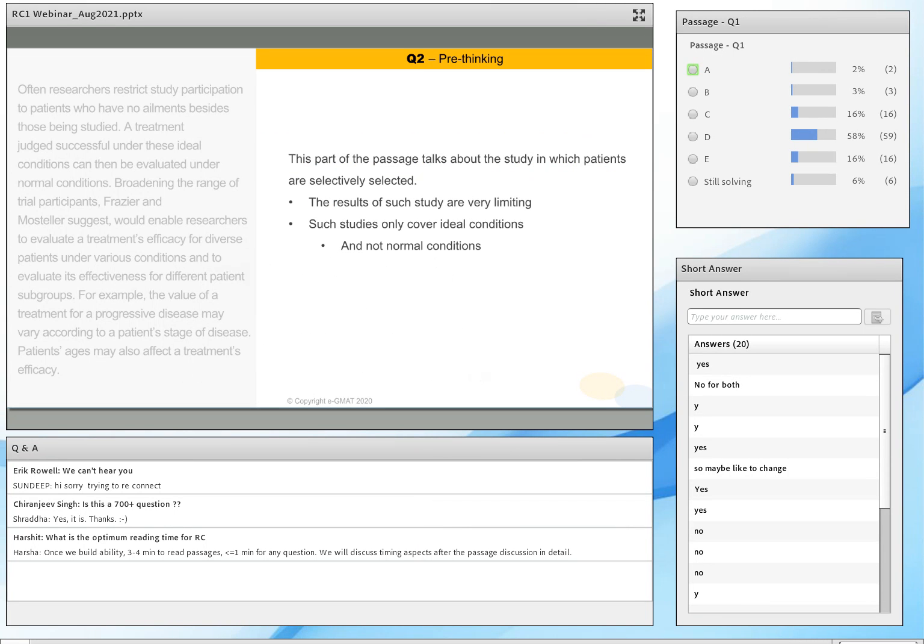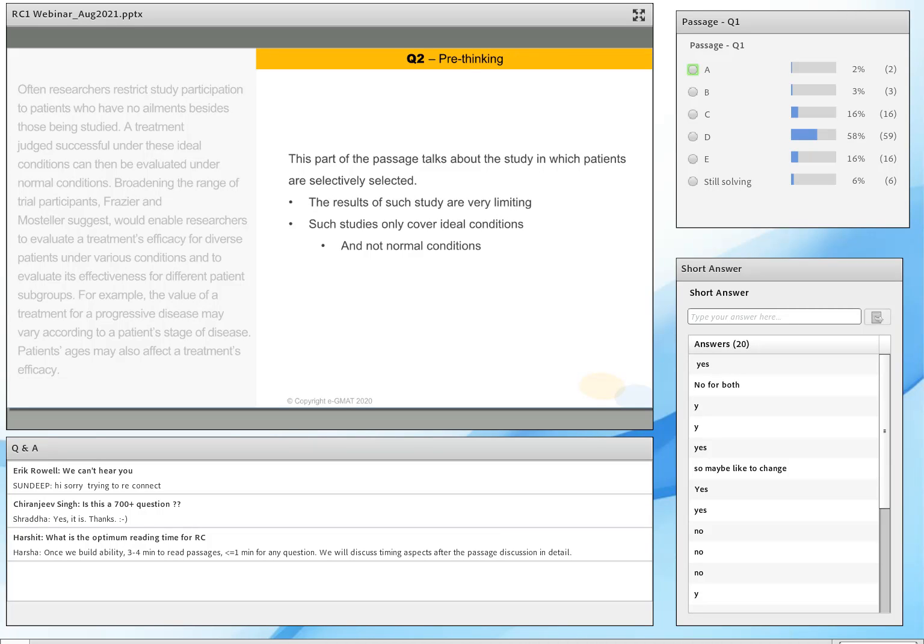We know that this is mentioned in the second paragraph where the author is talking about making the clinical trials larger. So we made an assumption over there that if you involve more people, then you will be getting more representative data.